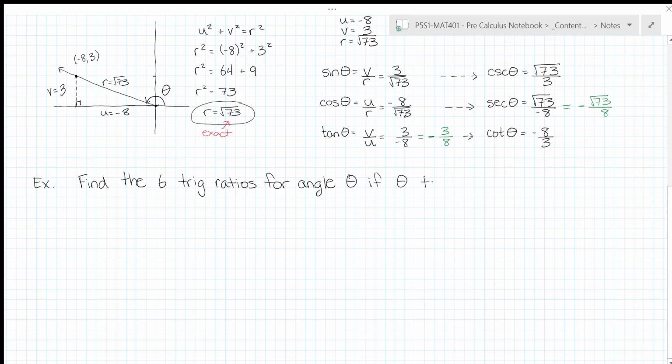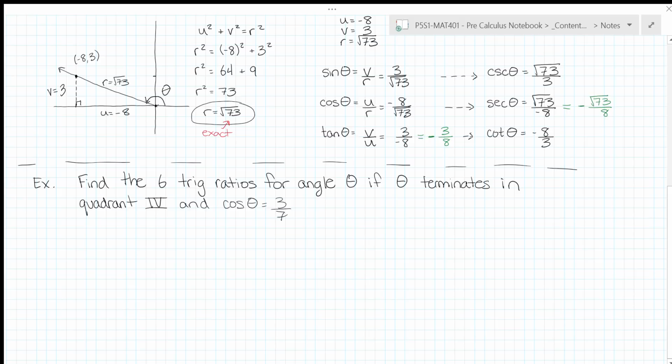Theta terminates in quadrant 4 and the cosine of theta is equal to 3/7.